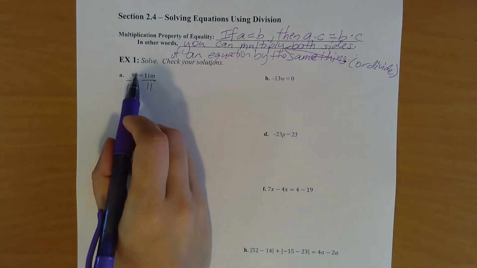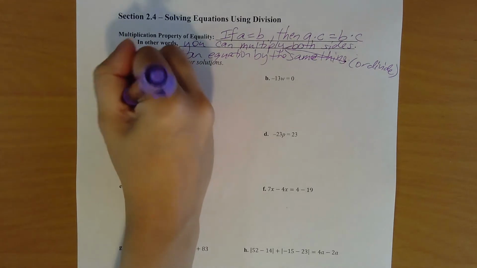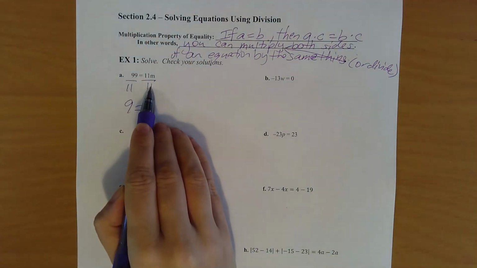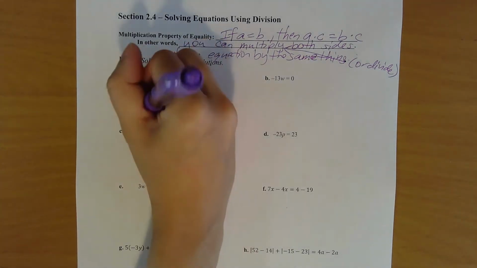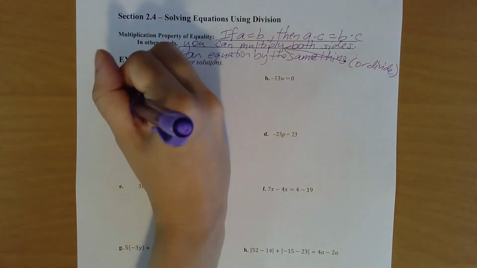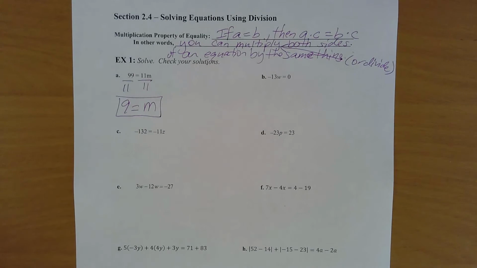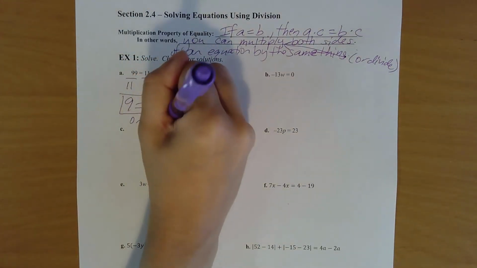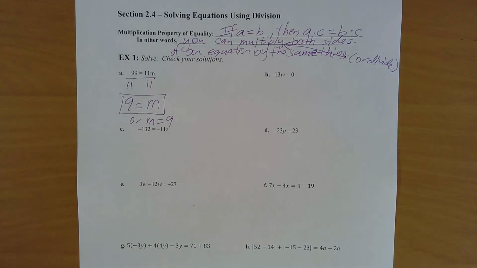So on the left side, 99 divided by 11 is 9. On the right side, 11 divided by 11 is 1. So now we have 1m, which is just m, on the right side. And if it bothers you to have it this way, you're welcome to turn it around. This would also mean that m equals 9 if you like to turn it around.